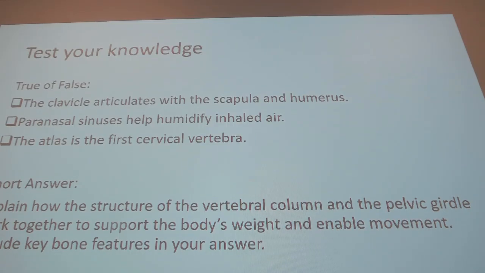And we just saw it. The sacrum connects to the coxal bone at the SIJ. What does it stand for?